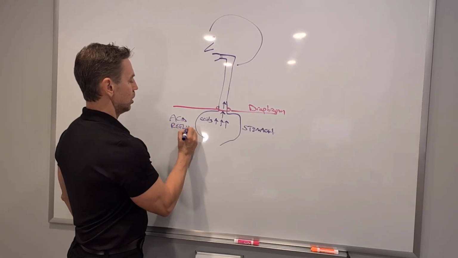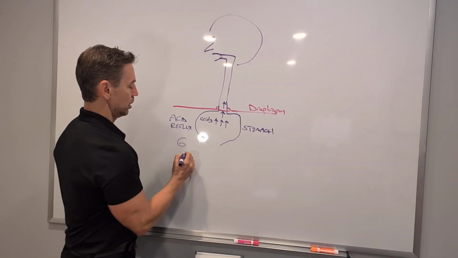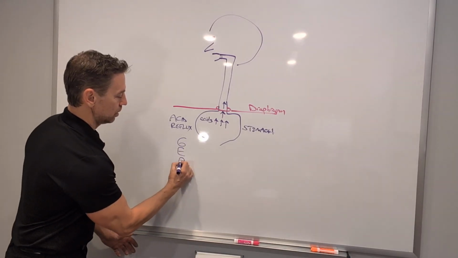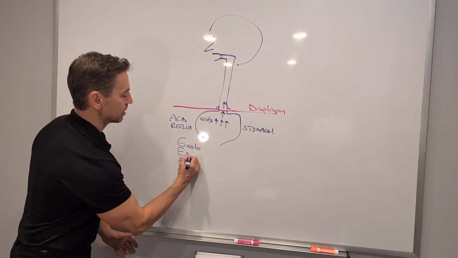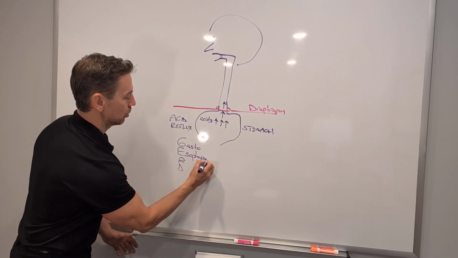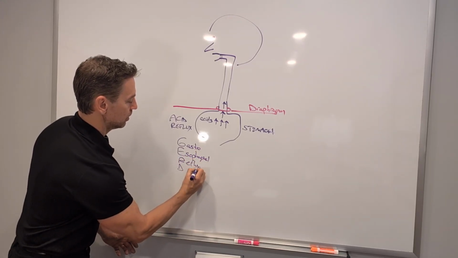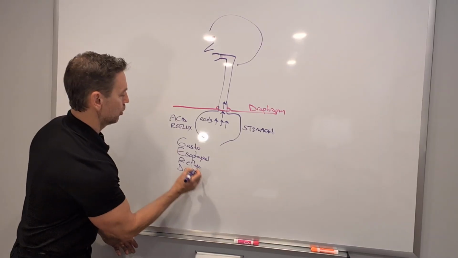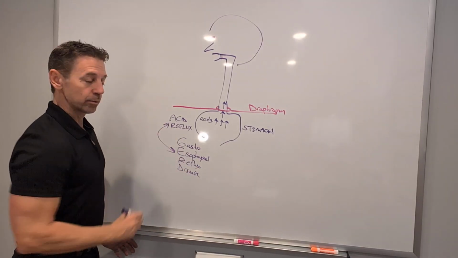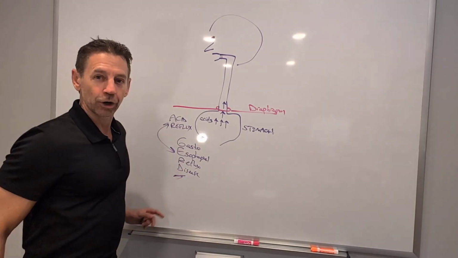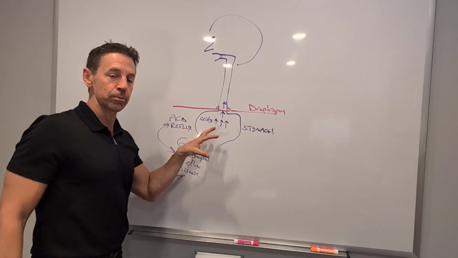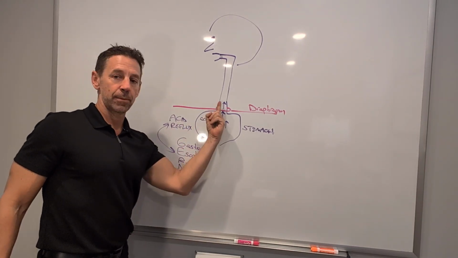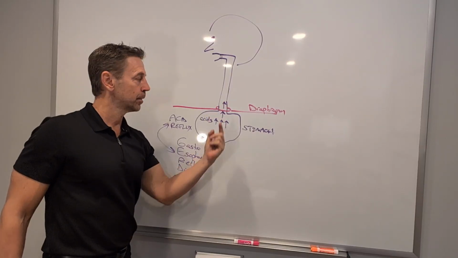It's also known as GERD, G-E-R-D, gastroesophageal reflux disease. Those are one and the same. Acid reflux and GERD are the exact same thing. It's too much acid in the stomach pushing up into the throat, creating pain.